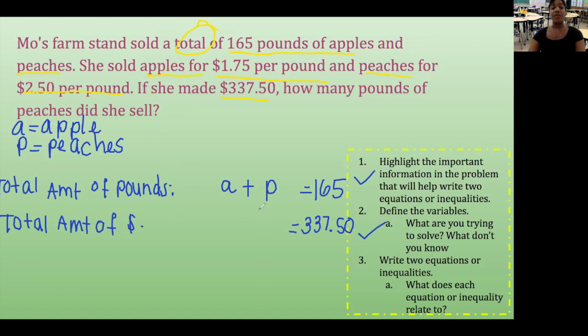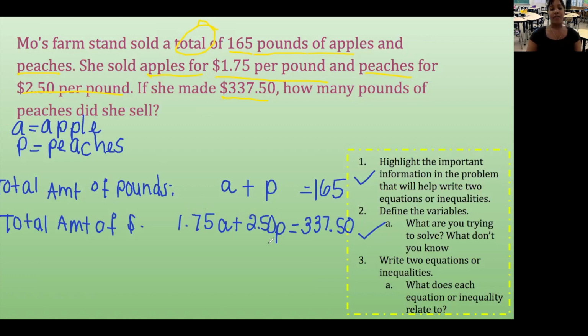And then we want to know the total amount of money. So we know her total amount of money was $337.50, and that was made selling peaches and apples. One apple is $1.75 a pound, so that is 1.75, right? $1.75 per apple and $2.50 per peach.